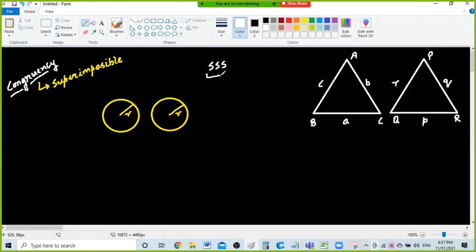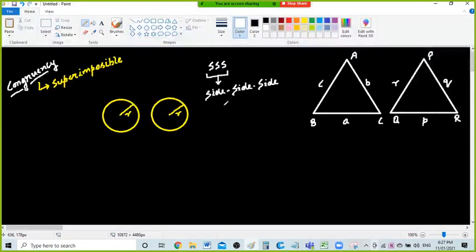This stands for side, side, and side, right?